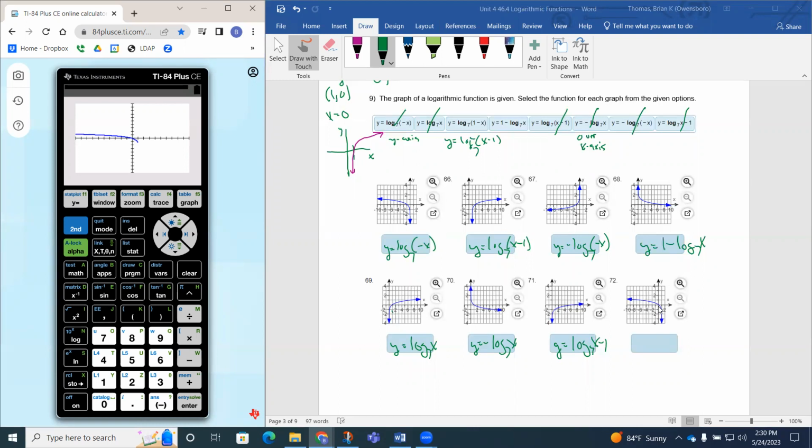Notice that it is crossing at the origin. So that looks like it's supposed to. So actually, that actually went left 1. I think I need to do some thinking on that, but we have y equals the log of 1 minus x inside there.